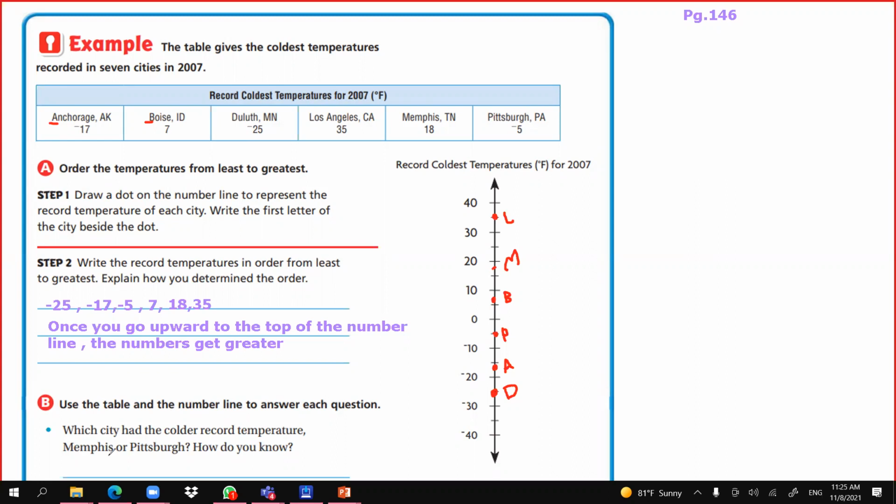Compare between Memphis and Pittsburgh. Bravo, it's Pittsburgh, this one. Because it is in the bottom. Which city is the colder?